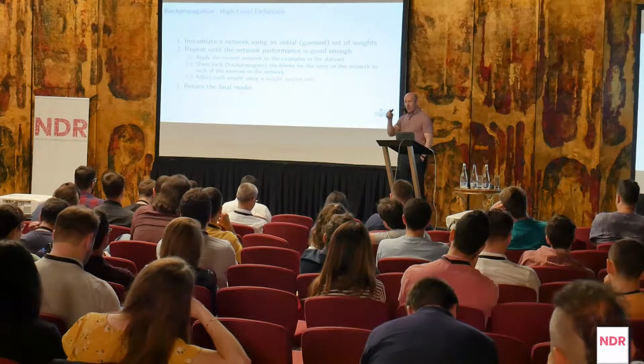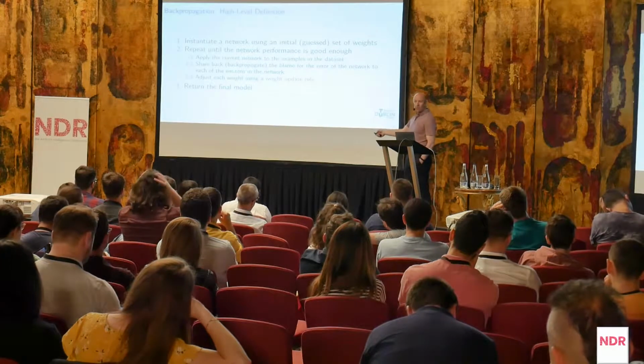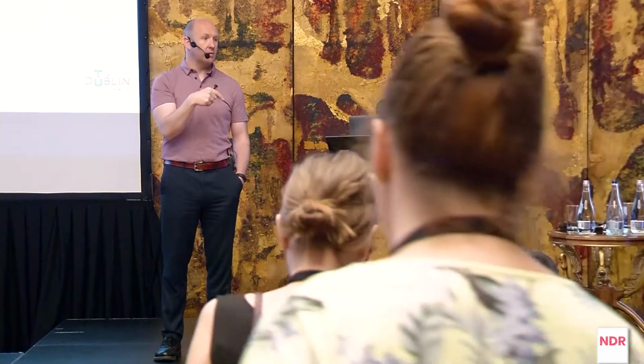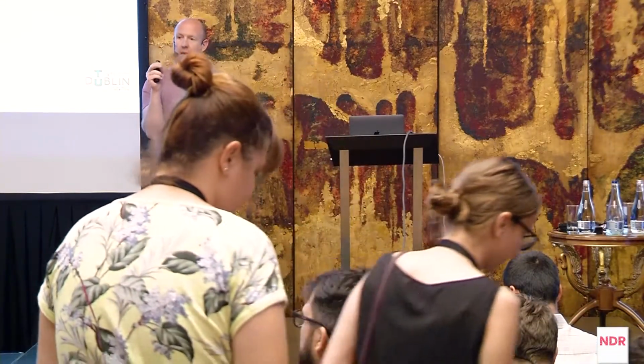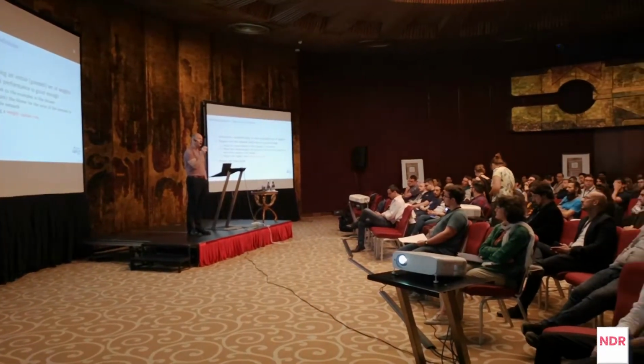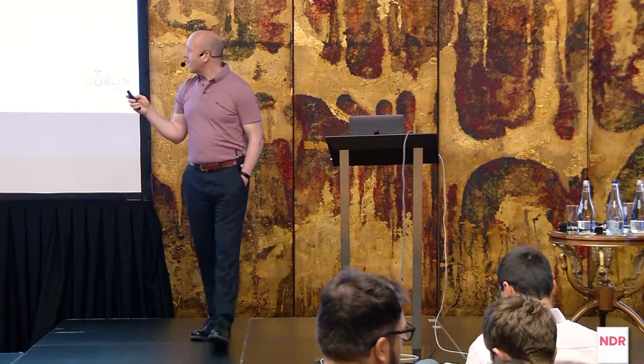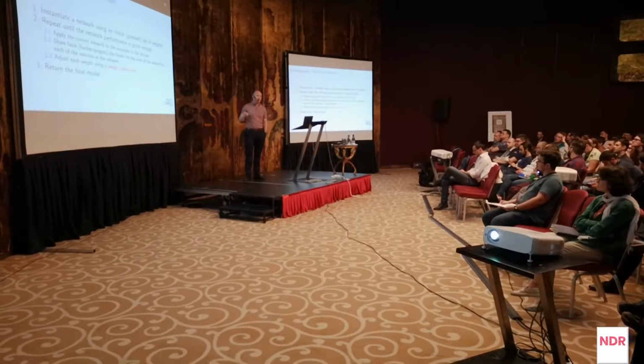So we assign blame to each neuron, and then we use the blame assigned to each neuron to update the weights associated with that neuron. That means the error we assign to a neuron can be used to update multiple weights. That will become more important when we go through later slides. We keep doing that until the network performance is good enough, and then we return the model. We freeze the weights.